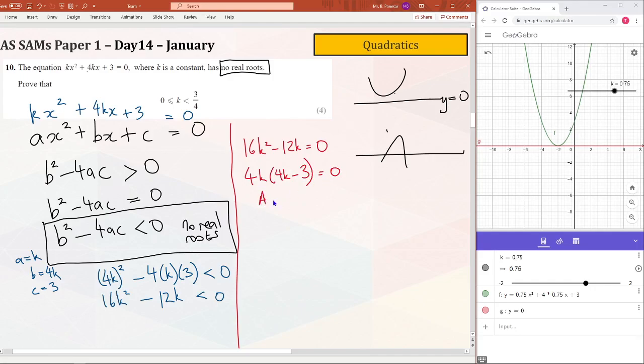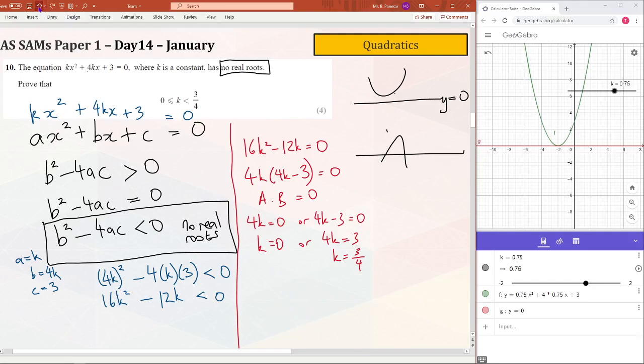So here I've got a times b is equal to 0. Either 4k is equal to 0 or 4k minus 3 is equal to 0. Therefore k must be equal to 0, or k must be equal to 3 over 4.